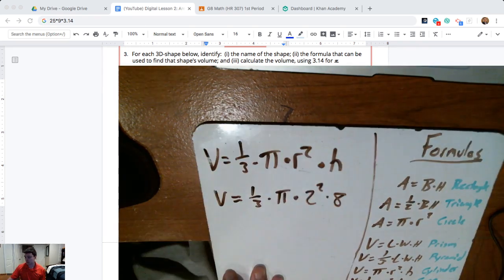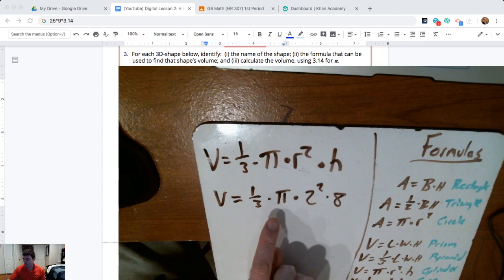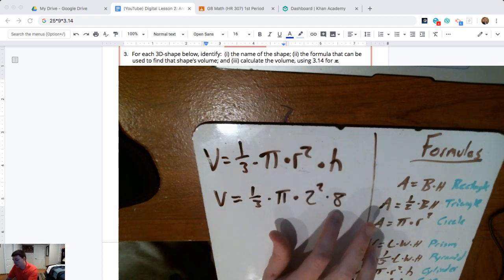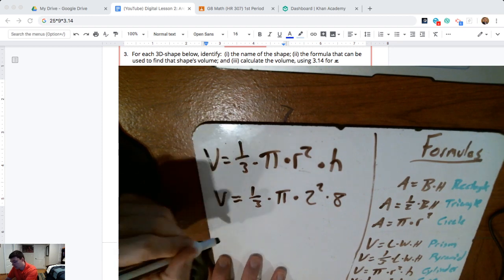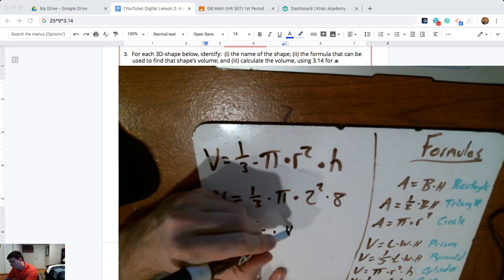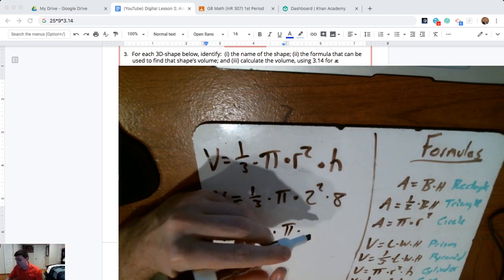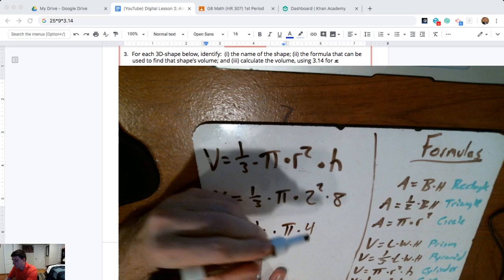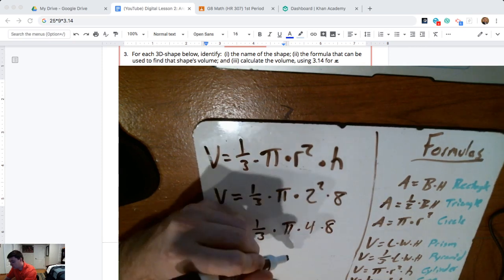So as I plug the numbers into the formula, 2 squared, because the radius is 2, h is 8, that's what I'm going to multiply by. So in this case I end up with 1/3 times pi times 4, that's what I get with 2 squared, times 8. 4 times 8 is going to give me 32.